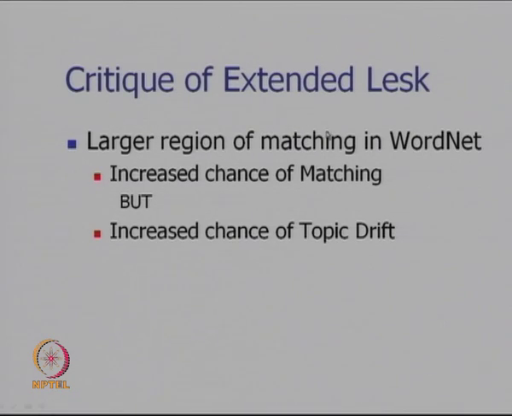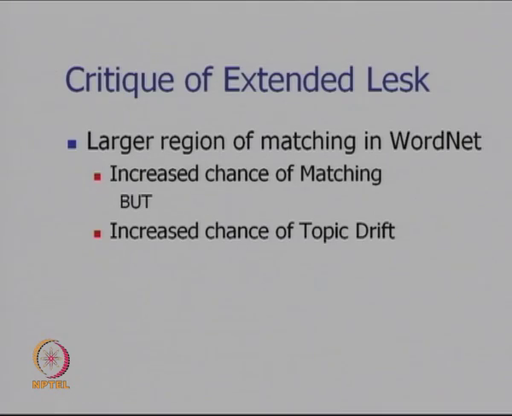Now, the critique of extended Lesk is that there are larger regions of matching in the WordNet. It has increased chance of matching, but it also has the increased chance of topic drift, because we can match with words which have nothing to do with the particular sense.